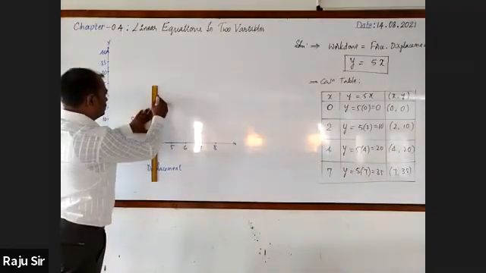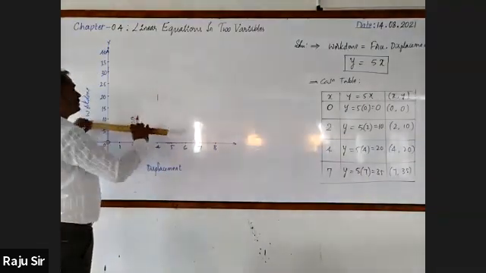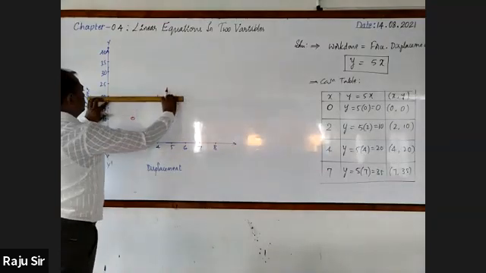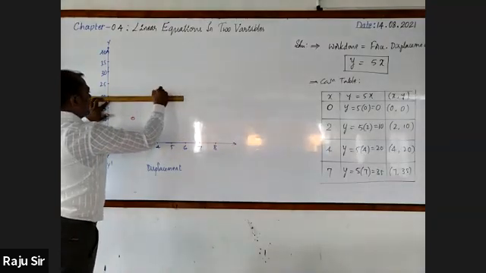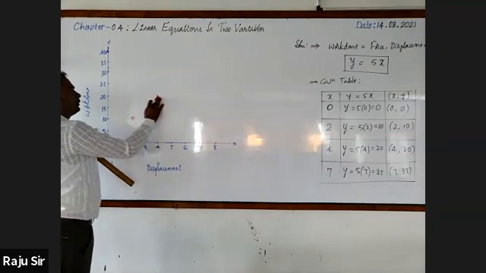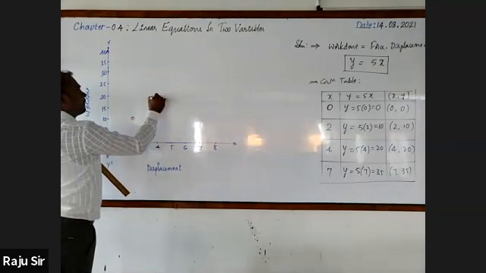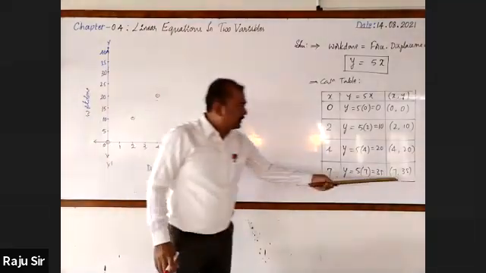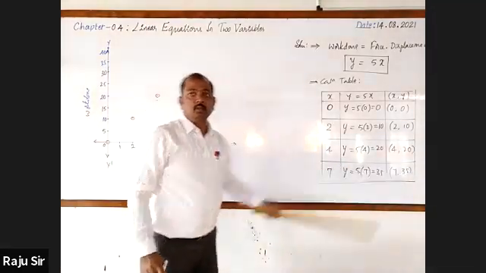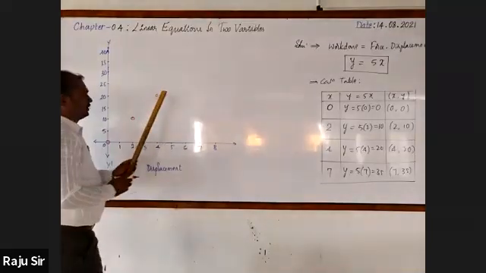Sir, we should draw it in a graph book. Yes. This is the point. Next, when the displacement is 7 units, work done will be 35.